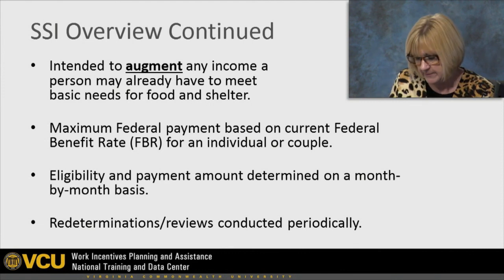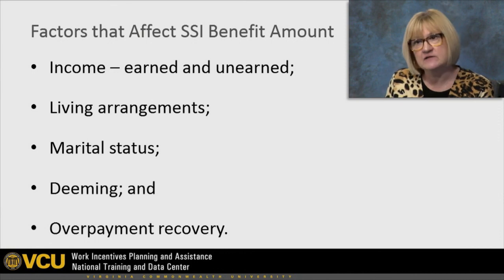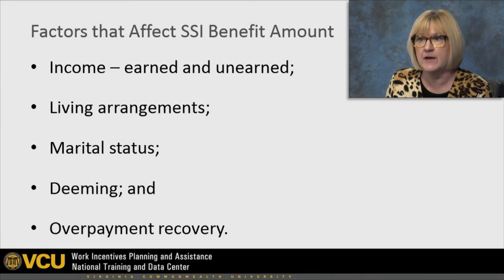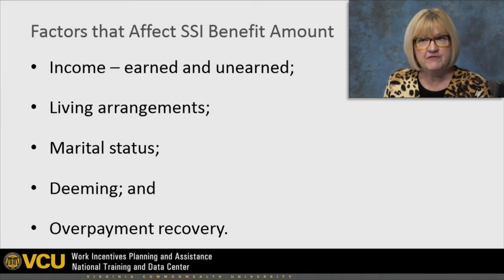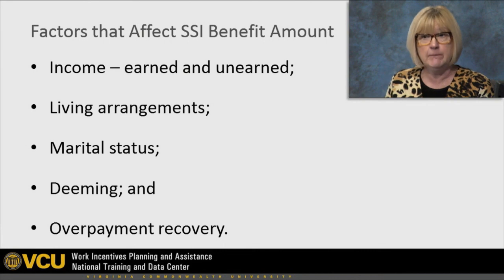Okay, that's real common. So what are the factors, again, that affect your monthly amount in your check, how much you get every month? And these 5 factors all work together. Sometimes it's just one factor at play. Sometimes it's all 5. I mean, you just never know. Income, that can be earned or unearned.